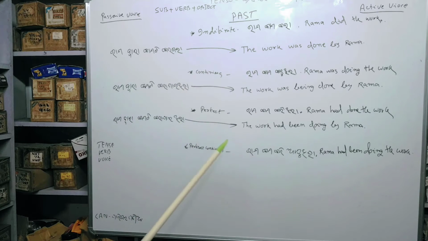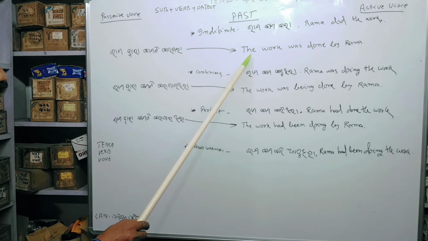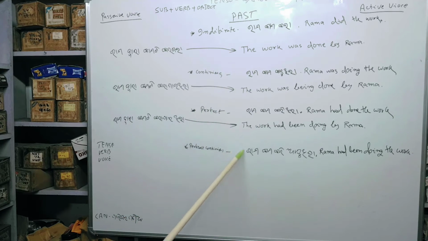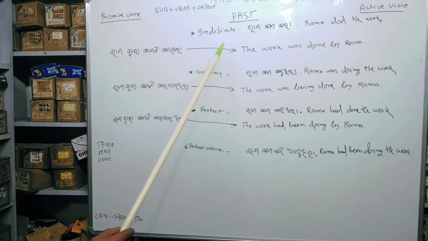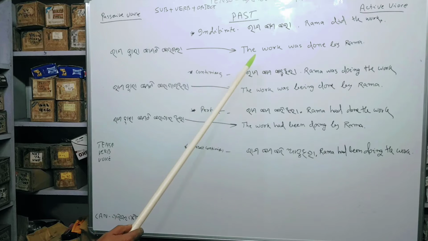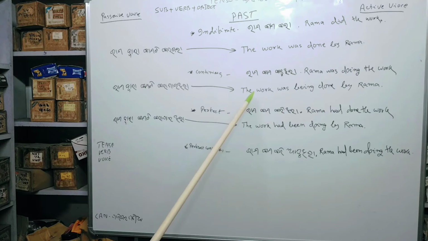We have done this, and we have to remember these 4 sentences and these 3 sentences, total 7. In present tense there are also 7 sentences, that means total 14 sentences up to this level we have to remember.